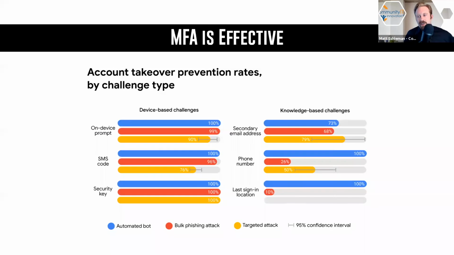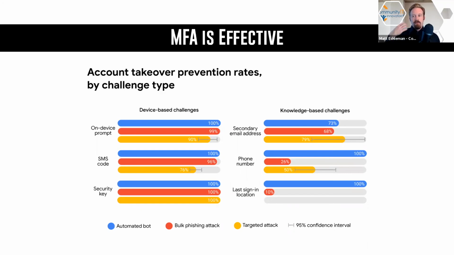So talking specifically about why MFA, we can see how effective it is. What we're recommending for MFA, and again, another plug for our video, is that we do have an enrollment video. It's about 10 minutes long and walks you through how to turn on multi-factor authentication in your organization using the on-device prompt.